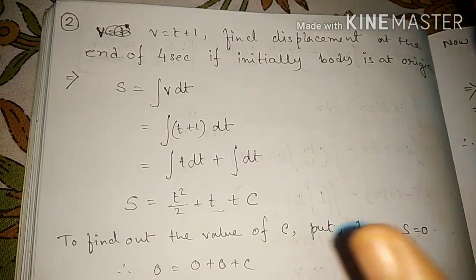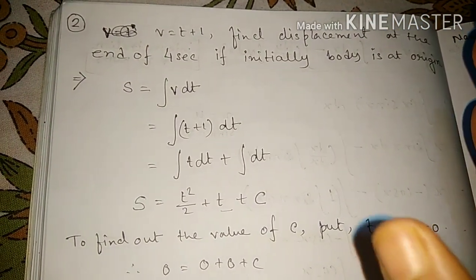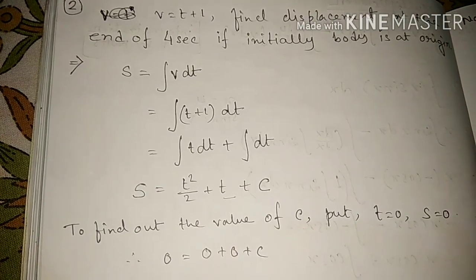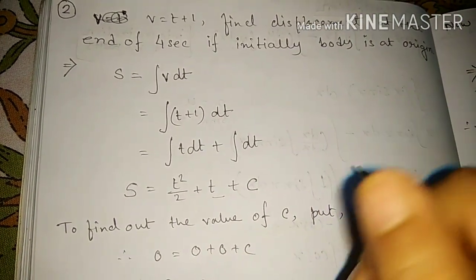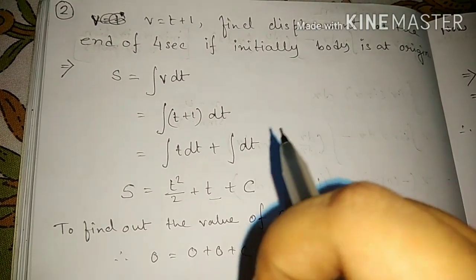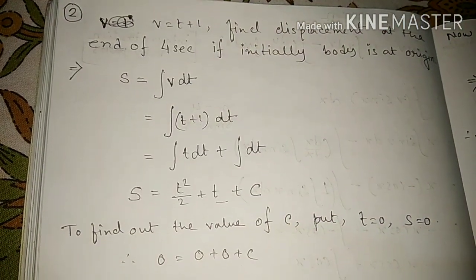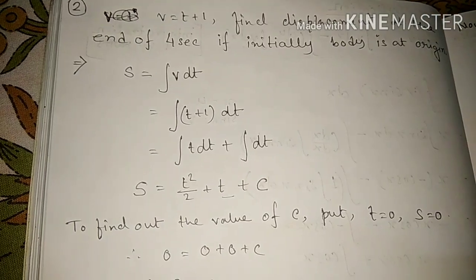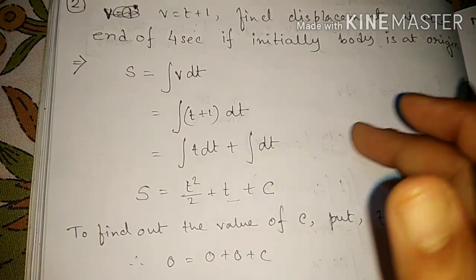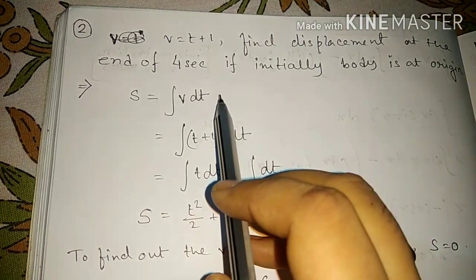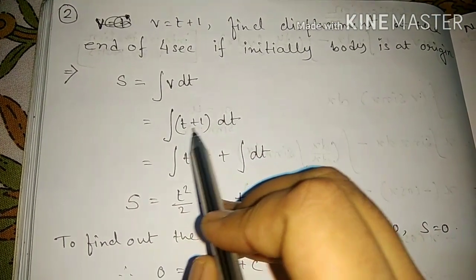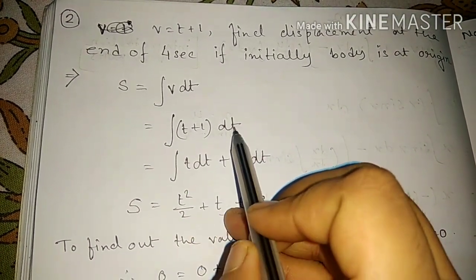So this is an indefinite integration. No limit or range is given here. That means in indefinite integration we use a constant term, that is c. Let's solve this one. So s equals the integration of v dt. In place of v we put this equation, t plus 1, into dt.